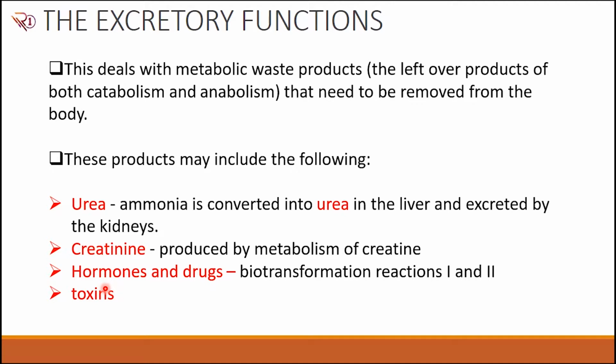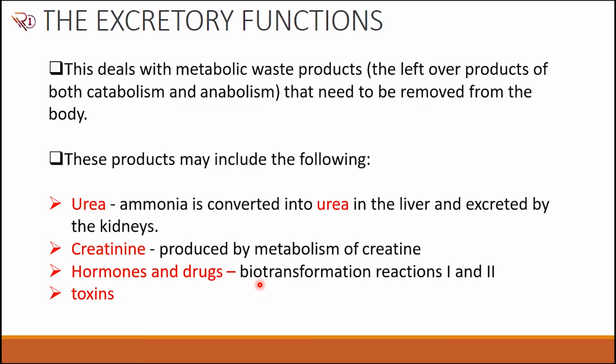Then we have hormones and drugs. Now, as we know, many drugs are lipid based, or they're made up of lipids. But lipids are not soluble and cannot be filtered in the glomerular filtration. So the drugs need to be biotransformed or conjugated before they can then be excreted from the body.